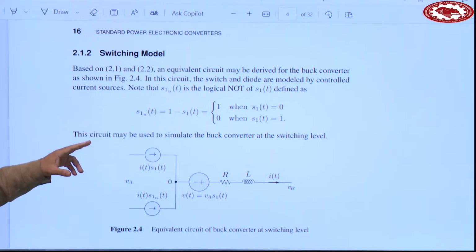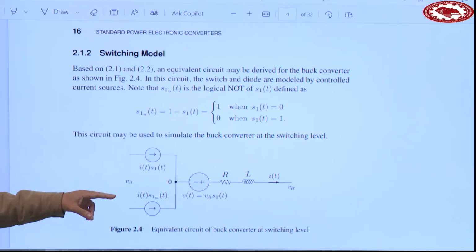However, we like to use a more simplified model because normally for the control or operating scale, we are not interested in all these switches. These switches, keep in mind, are happening at a very fast rate, tens of kilohertz, or even, like I said, in GaN switches, hundreds of thousands of times per second.